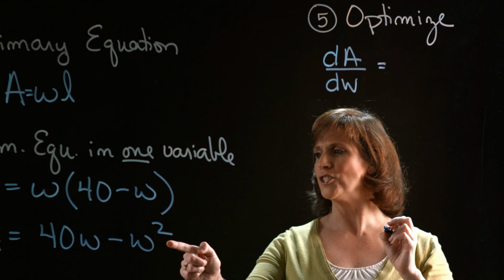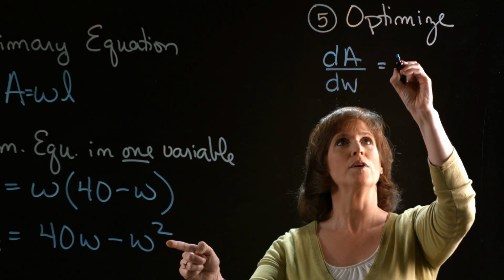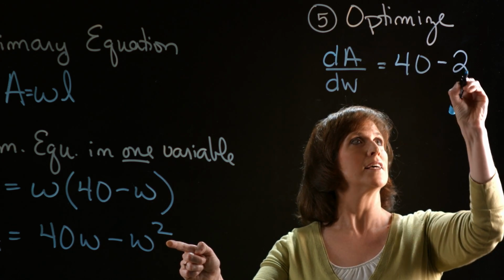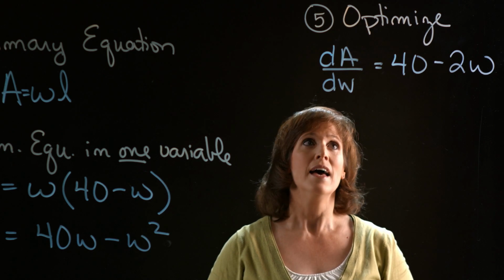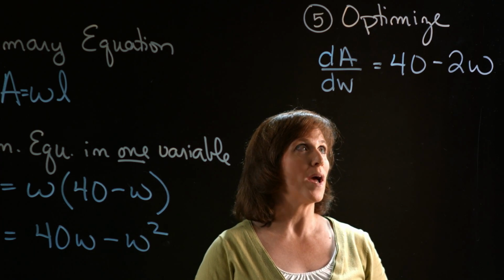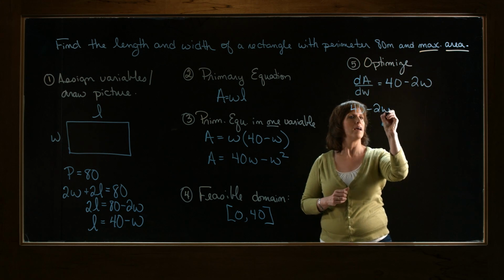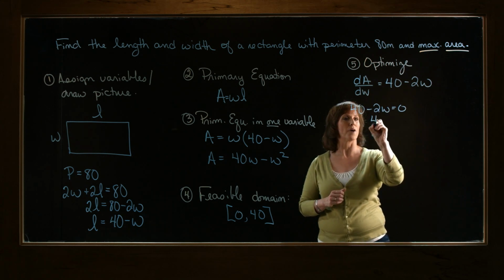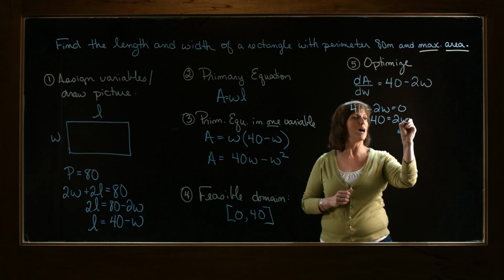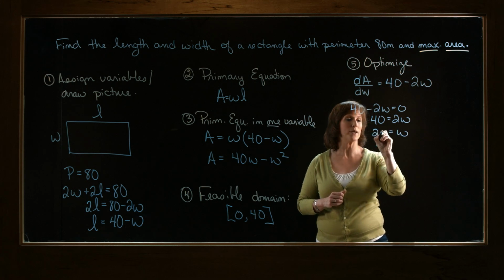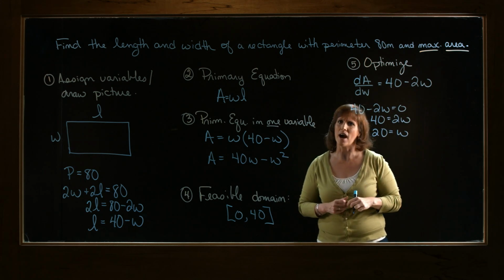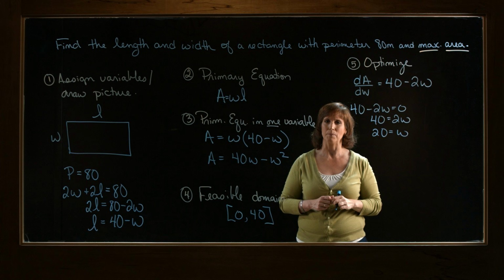Looking at my function A, dA/dW is going to be 40 minus 2W. Looking at this equation, I know that it can equal 0. It's going to equal 0 when W is 20. And it will never be undefined, so I don't have to worry about that.